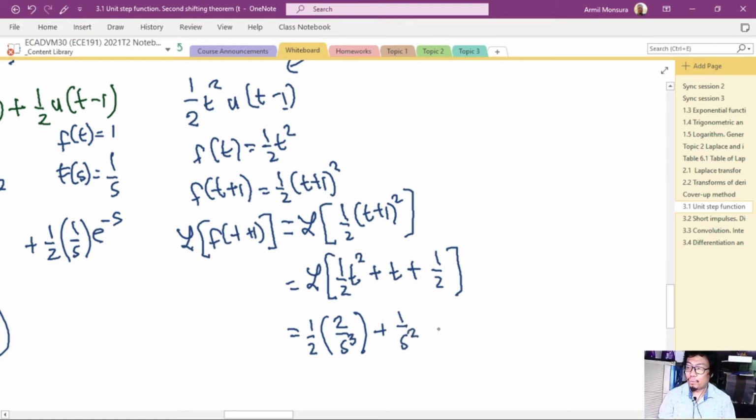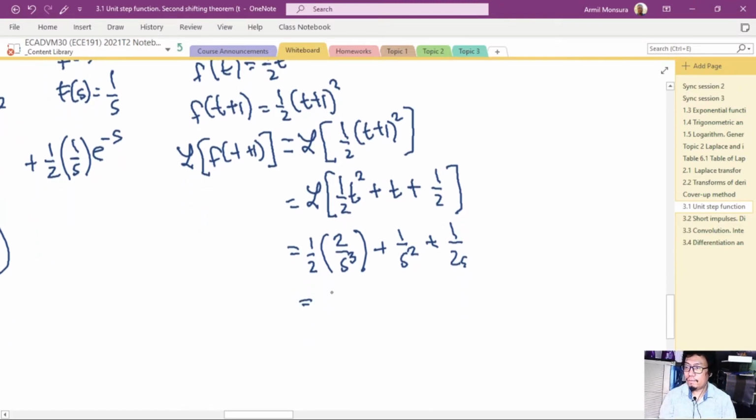And then the Laplace transform of 1/2 is simply 1 over 2s. All are based on table 6.1. Simplifying this, you have now 1 over s cubed plus 1 over s squared plus 1 over 2s. That's the Laplace of f of t plus 1.